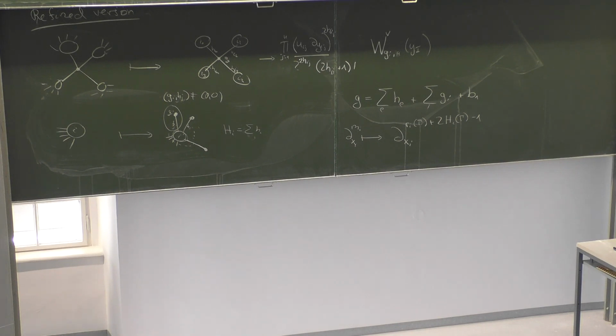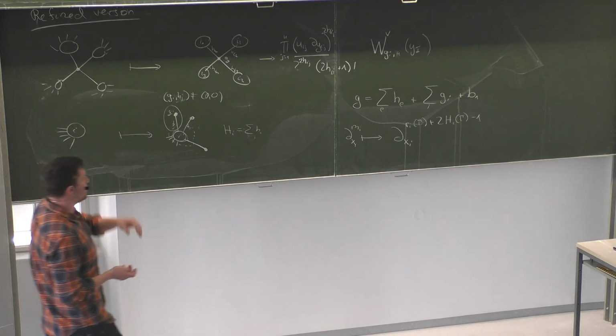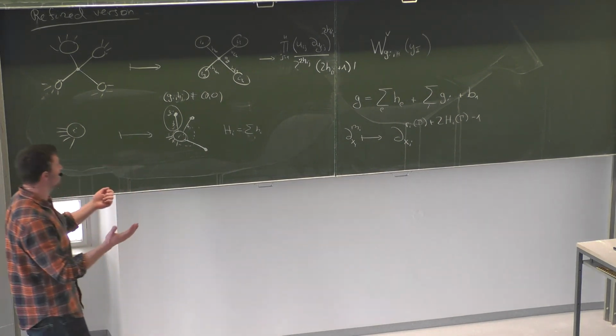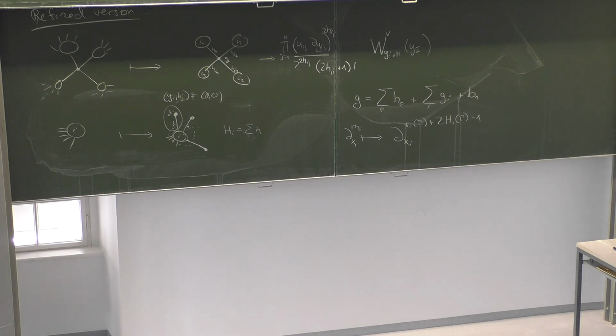From a combinatorial perspective, I think it is a good idea to look at it. If you want to prove something like that from a combinatorial perspective at higher genus, I think this is the right thing you need to do: to look at more decorated graphs than we had here.